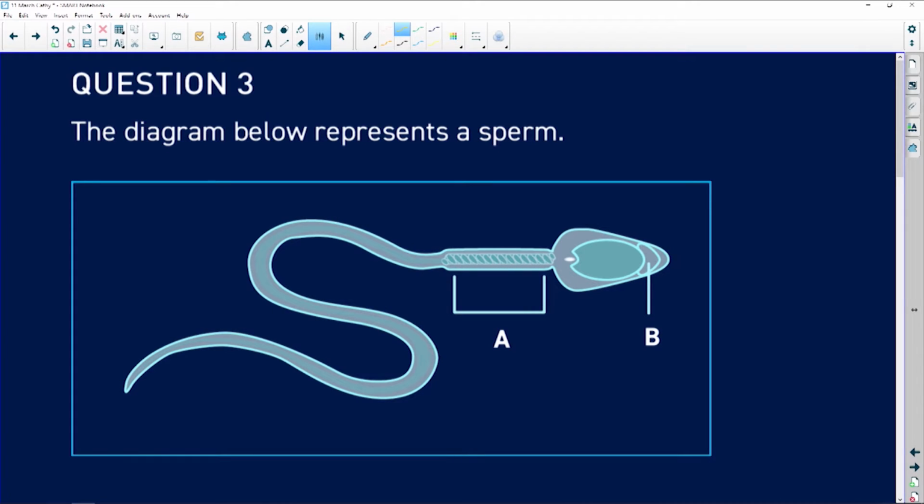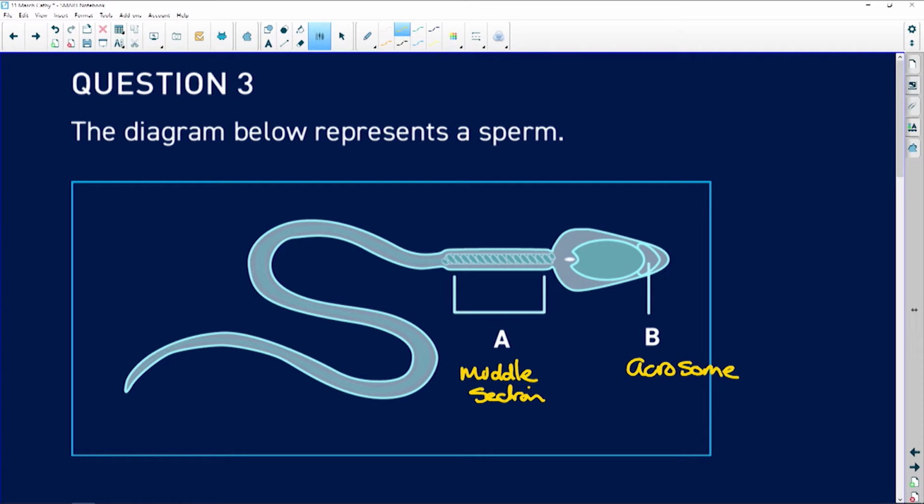We've got question 3, we've got our little blue spermie, and there we go. So let's do our labels first. Label A, this is the middle section. Okay, this is the acrosome.